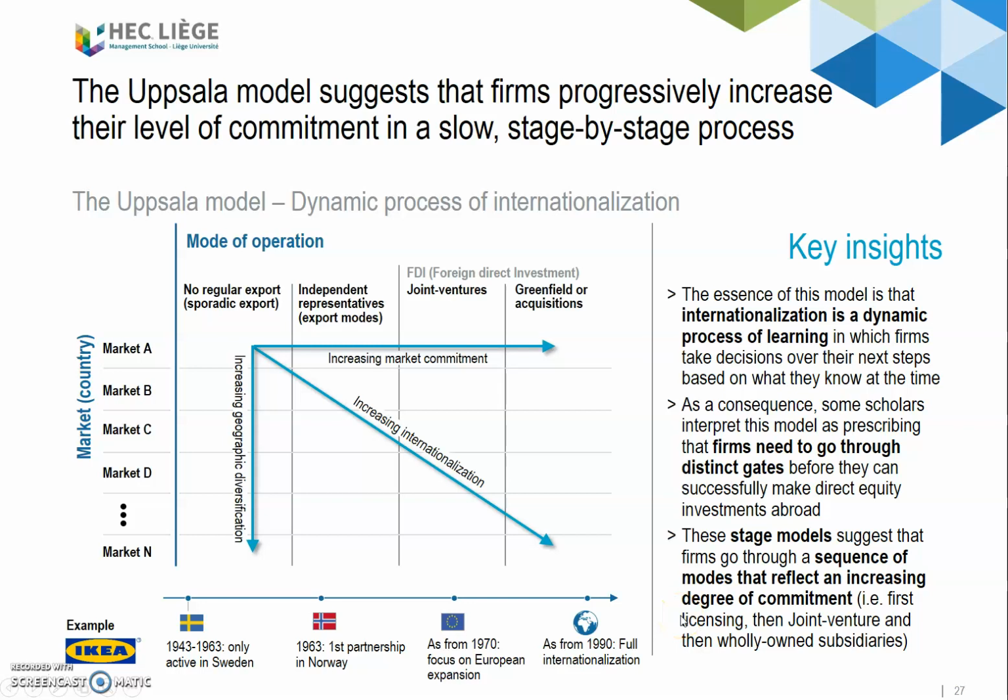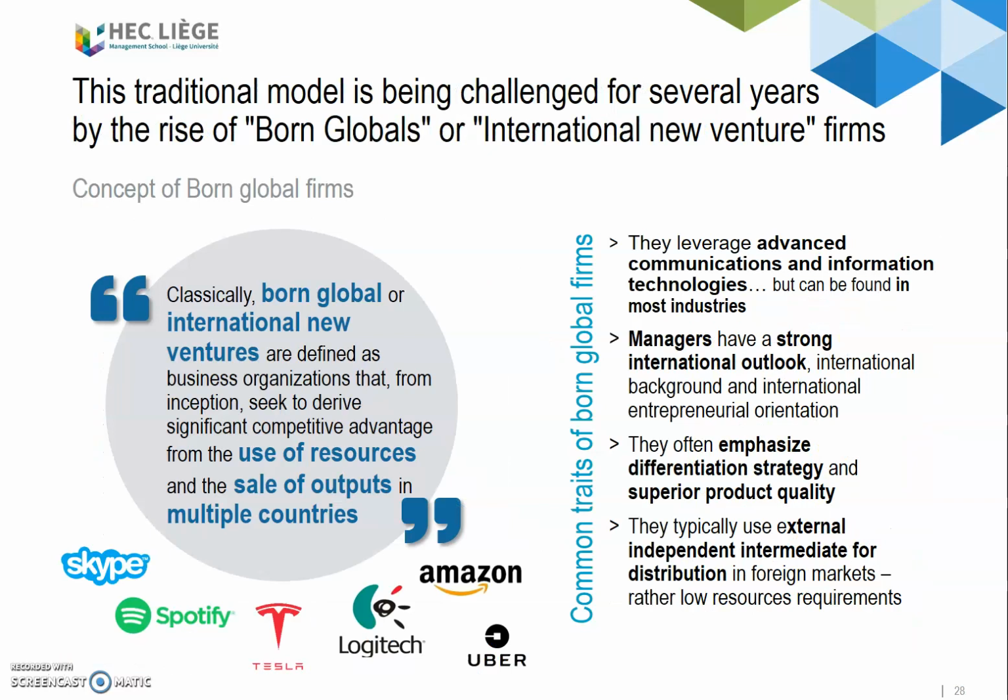So you have this exponential effect, but it's also linked to the liability of outsidership that we saw a bit before in the class. Of course, today things are a bit different, and so you have this concept of born global or international new ventures firm. I won't read the definition, but today more and more companies are global almost instantly. Think about Amazon, Tesla, Skype, Spotify.